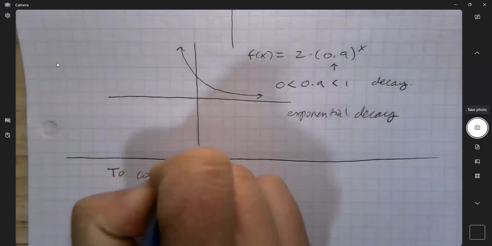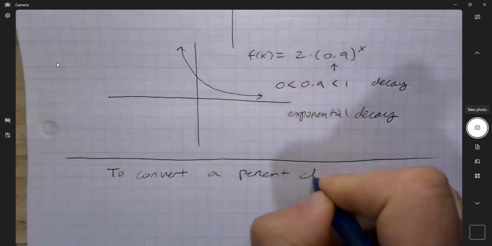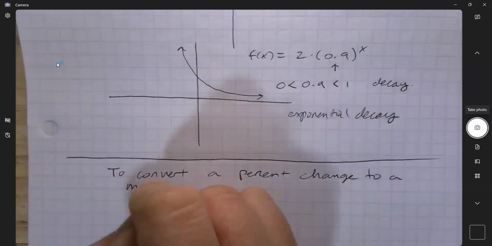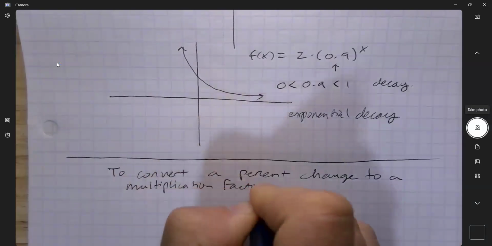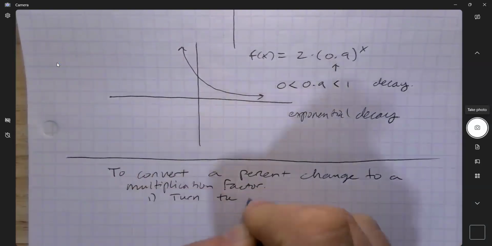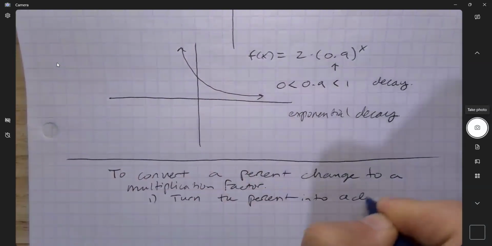So to convert a percent change to a multiplication factor, step 1, turn the percent into a decimal.